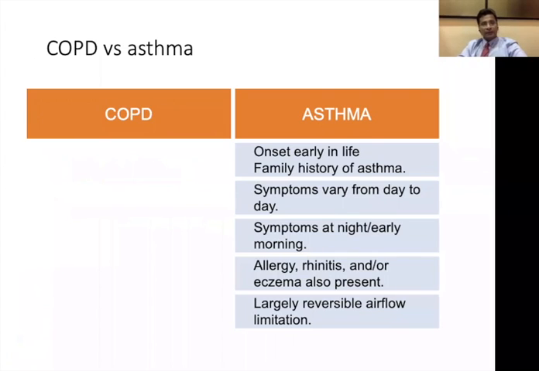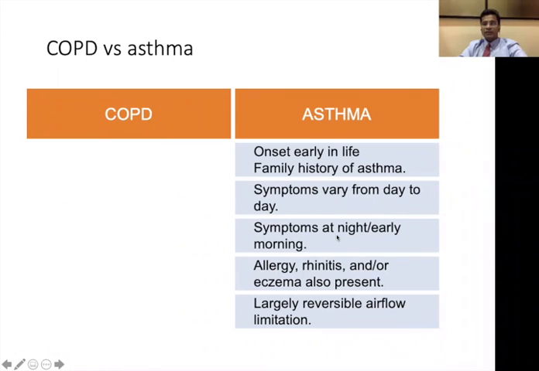So there are some clinical differences also from asthma. Asthma, as you know, onset is usually early in life, or they might give a history of childhood asthma or family history of asthma. Symptoms vary from day to day.